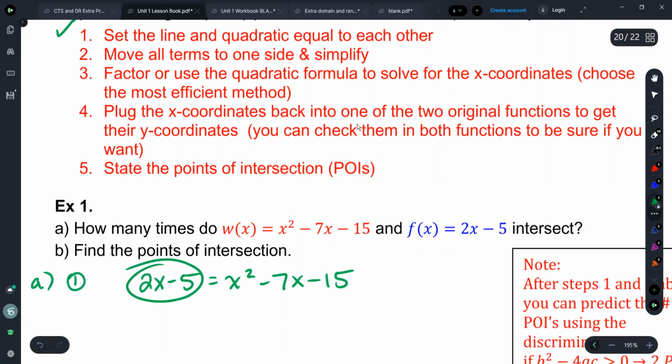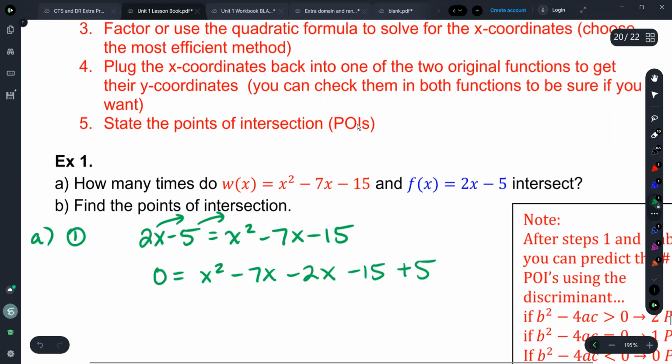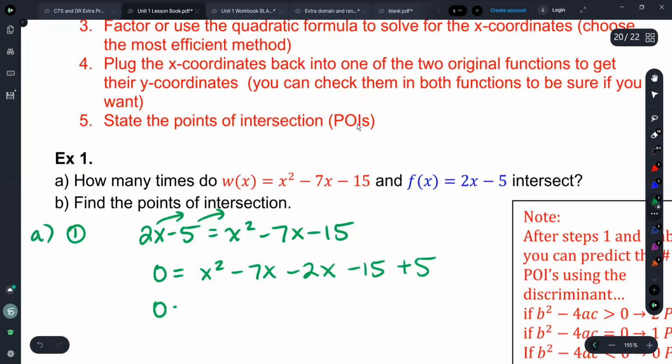Okay, so second step, we're going to move all terms to one side and simplify. Usually I will just move the line because there's less to do. So move them all over to one side. I'll be left with 0 over here. Okay, and then second part of this says simplify. So gather your like terms.